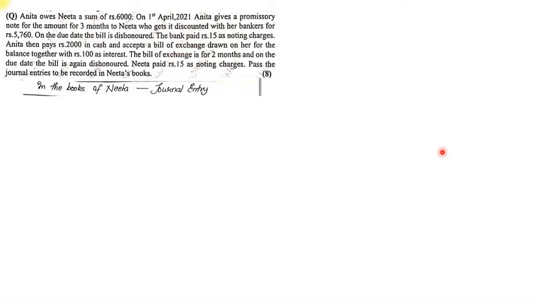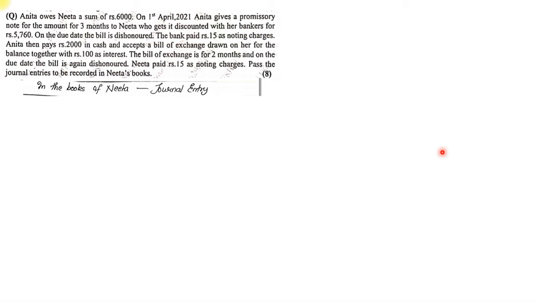The bank paid rupees 15 as noting charges. Anita then pays 2000 in cash and accepts a bill of exchange drawn on her for the balance together with interest of 100. The bill of exchange is for 2 months, and on the due date, the bill is again dishonored, and Neeta paid 15 as noting charges. Pass the journal entry to be recorded in the books of Neeta.